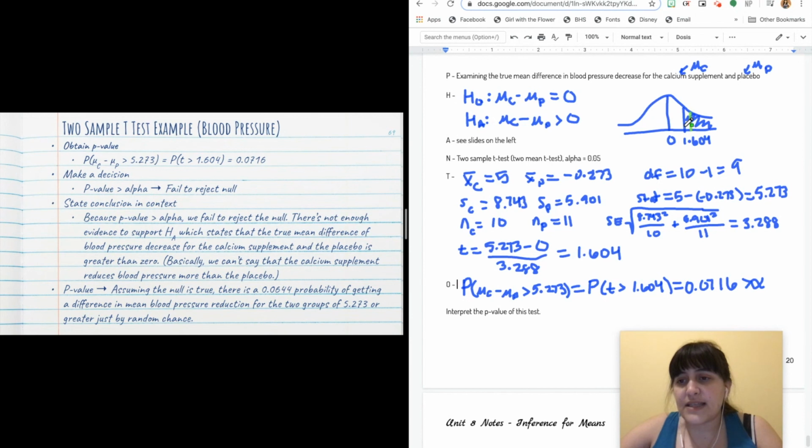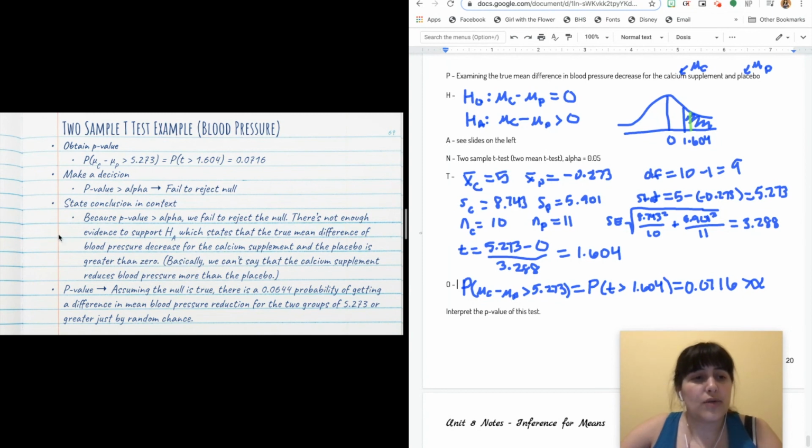So this didn't quite reach the threshold. It's not extreme enough. So I can't reject my null hypothesis. So here, because it's greater than alpha, we're going to fail to reject the null.